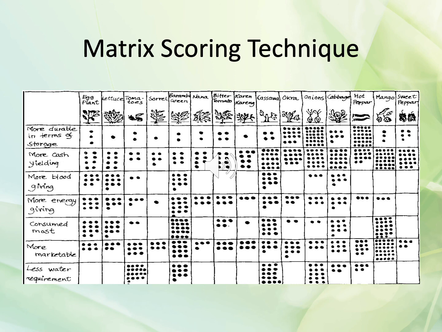Now more energy giving, then sorrel is giving least. Then we have mango and hot pepper, they're also not in a good situation. Then if I look into the criterion more marketable, then I see bhaji green and mango are really more marketable. So this is a matrix scoring technique.